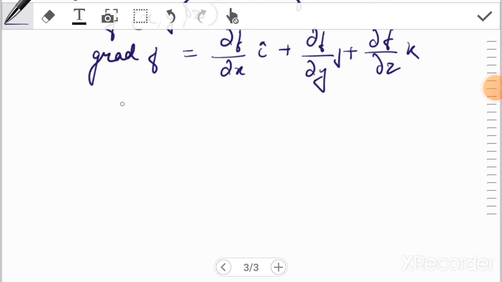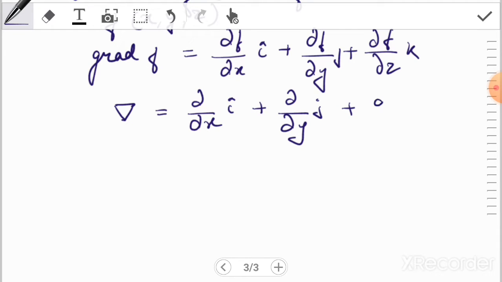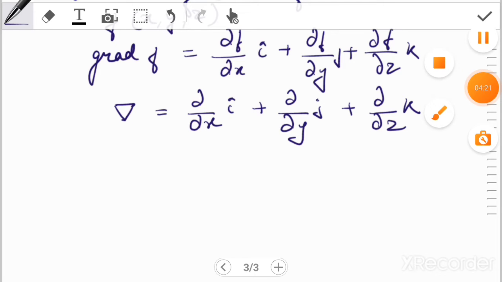So gradient is defined using the del operator. This reads nabla or del, which is del by del x i plus del by del y j plus del by del z k. This is defined by the partial derivatives.